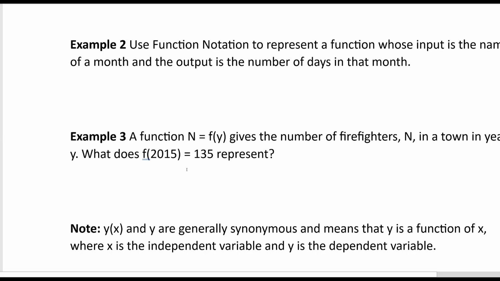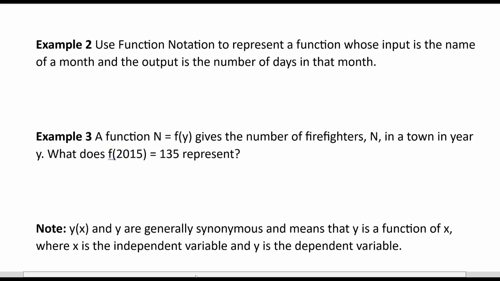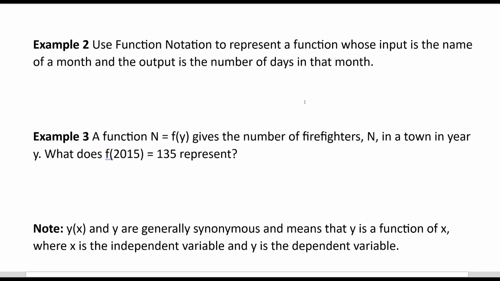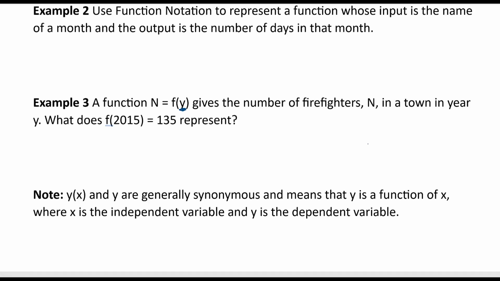So example 2. Use function notation to represent a function whose input is the name of a month and the output is the number of days in the month. So for this function, if we said d equals days, and m equals months, our function could look something like this. d equals f of m.